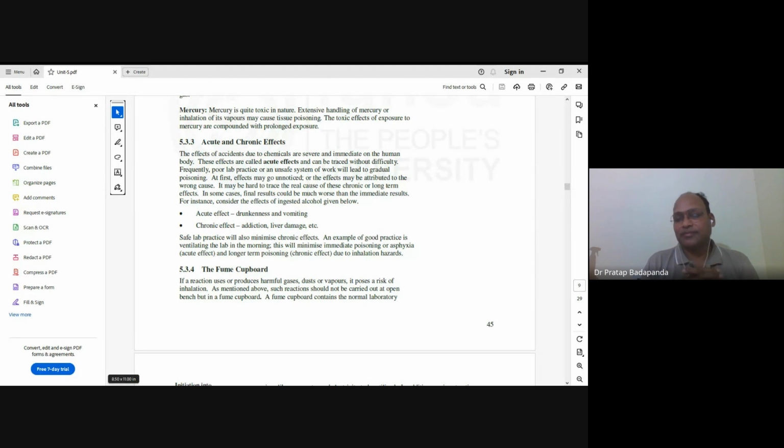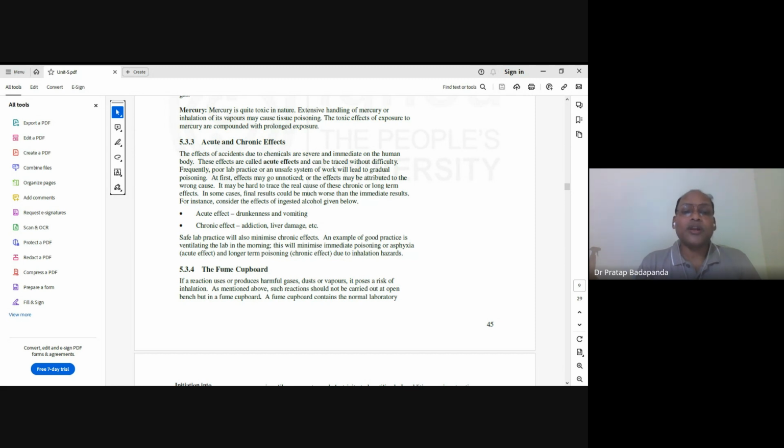But still there might be some issues, because we are not following the SOP. The lab is fine, but the standard operating protocol, which a student or professor should follow, if that is not followed perfectly, then an accident will surely happen. Sometimes there is leakage of a gas, or the sealing of a container is not perfectly done. That's why an experienced person, one who deals with the lab, should be attached.